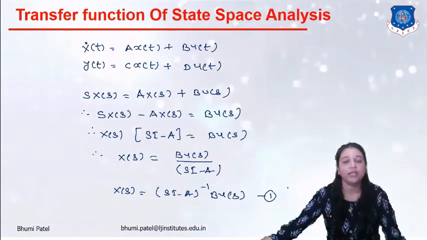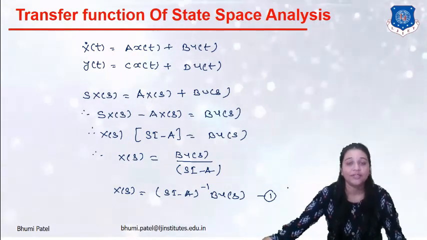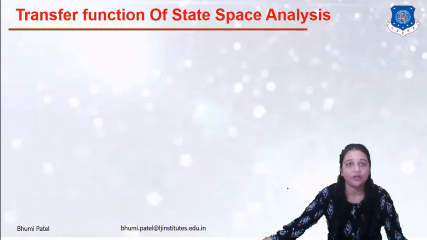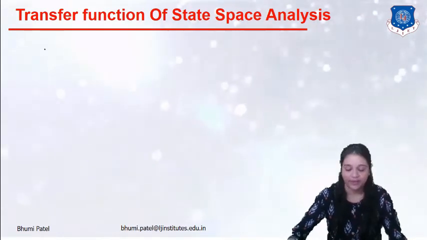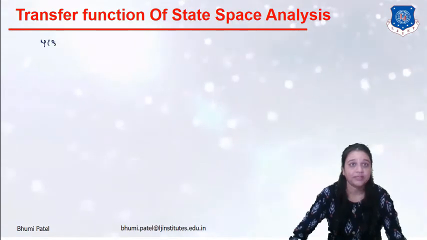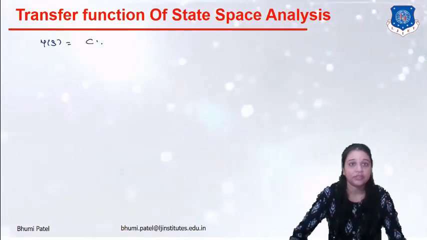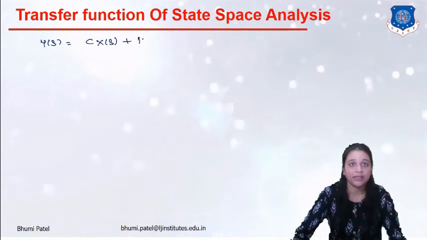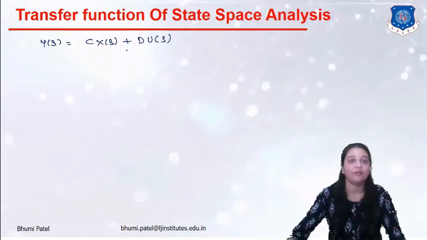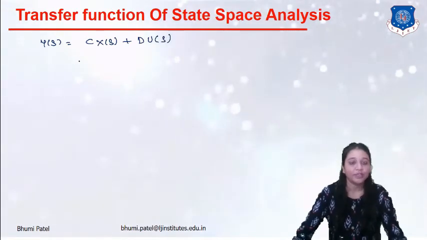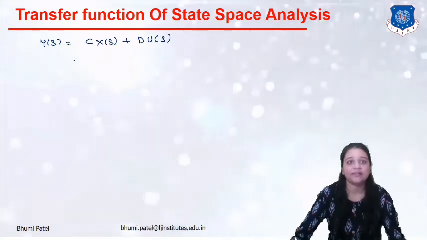Now we have to find the value of Y of s. Taking the Laplace of y of t, we get Y of s is equal to C X of s plus D U of s. Now put the value of X of s in this equation.